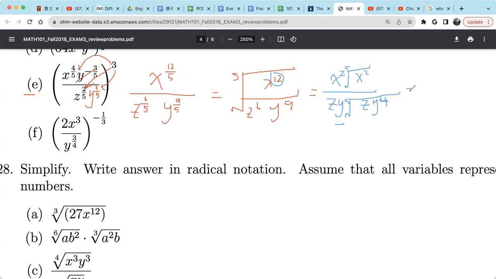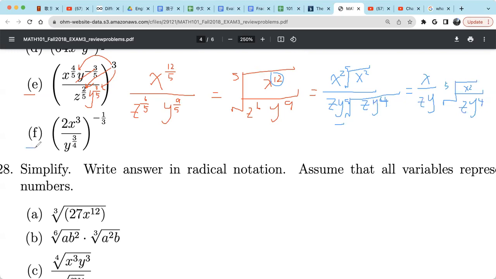And if we want, we can write the radicand in one radical: x over zy, 5th root of x squared divided by z times y raised by 4. So this is the answer for E.